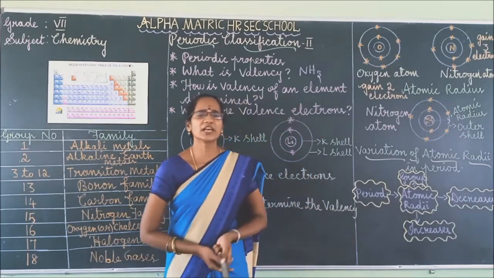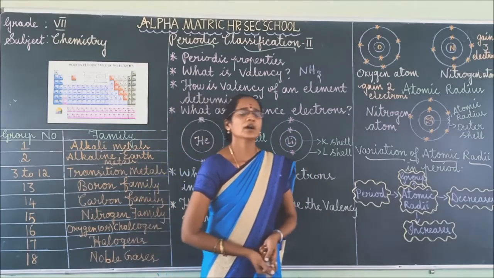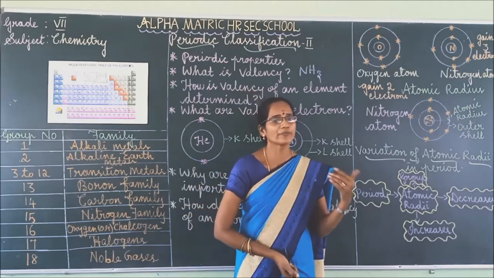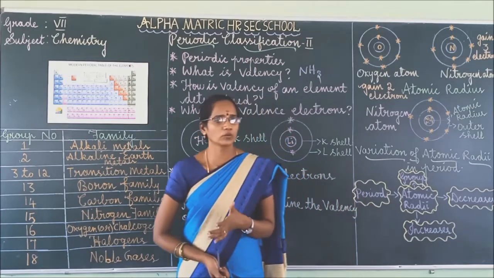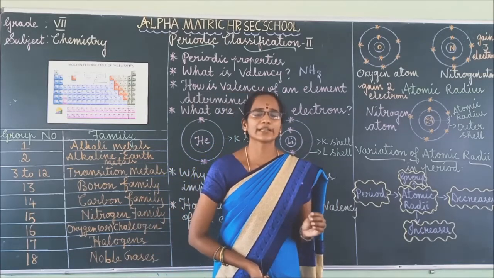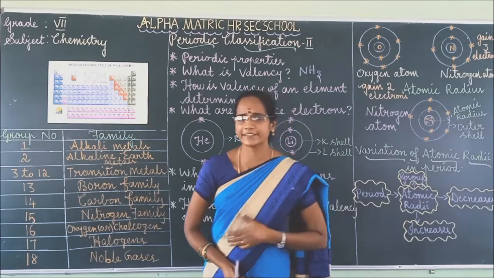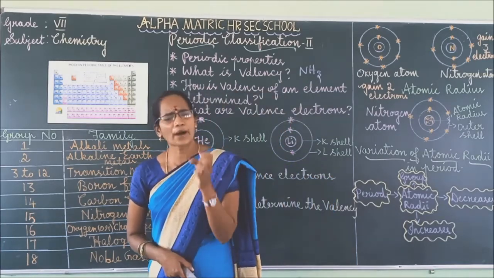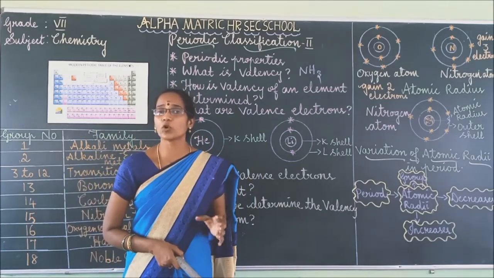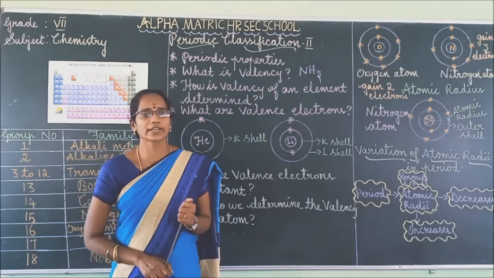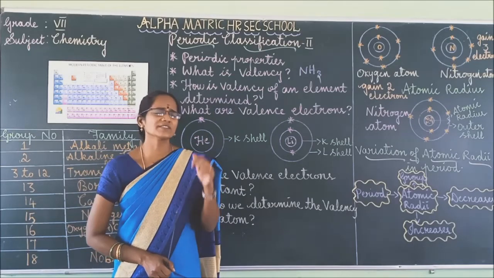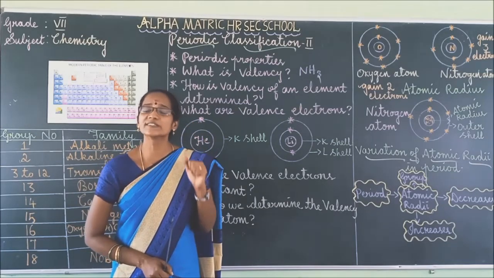Because here the shell number remains the same, but the number of protons increases. Number of protons is nothing but the atomic number. So more and more positive charges make a strong attraction force over the electrons, and hence the electron cloud shrinks.